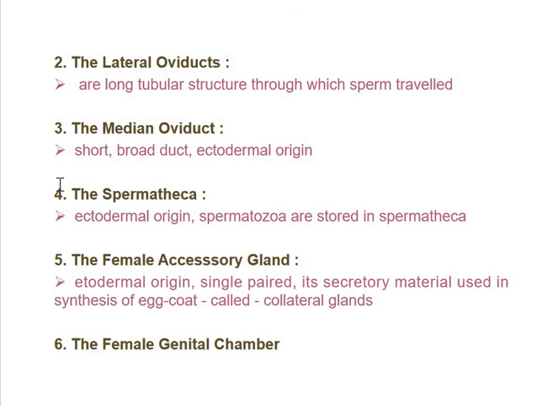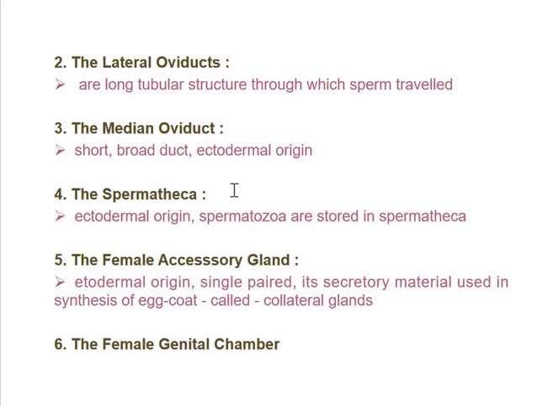The median oviduct is a short but broad duct receiving the lateral oviducts anteriorly, and the posterior-most part of the duct modifies into a sac, the genital chamber. You can also see in the diagram the genital chamber, also called the bursa copulatrix. The genital chamber in some insects produces a tubular extension called the vulva or the vagina.